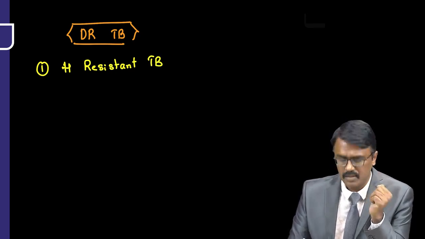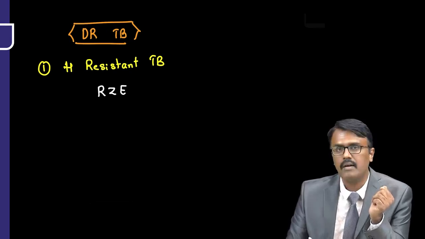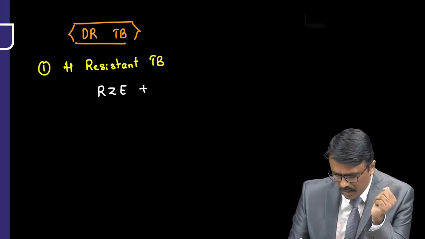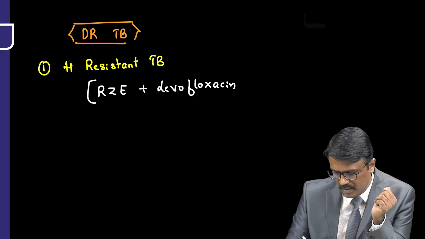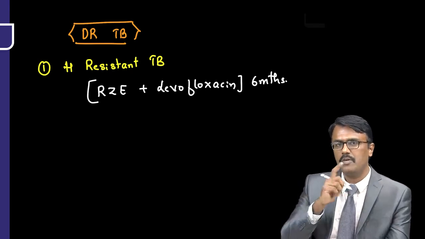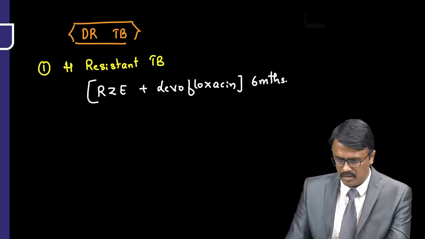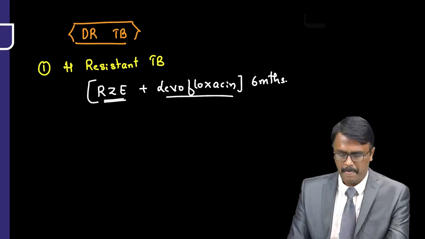You give the remaining drugs, the R, Z and E. Along with that you add a fluoroquinolone, that is levofloxacin. These 4 drugs have to be given for a total of 6 months. There you saw intensive and continuous phase; here you have to give them continuously for 6 months.